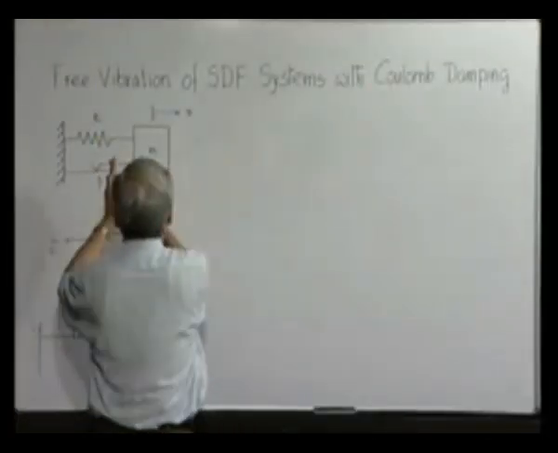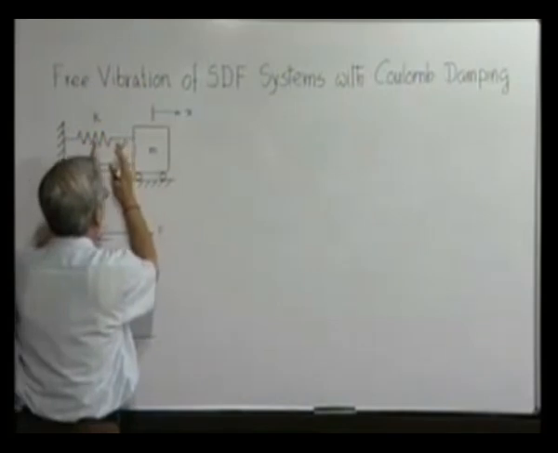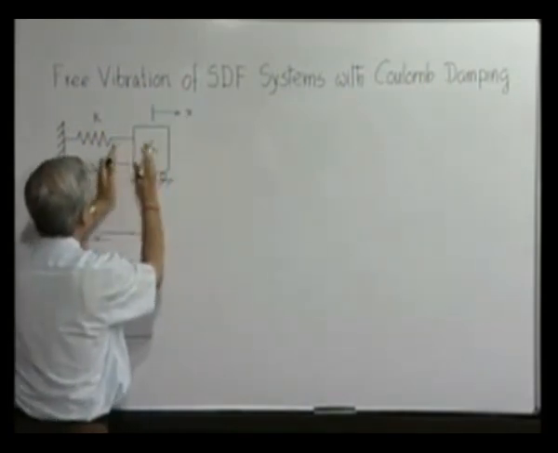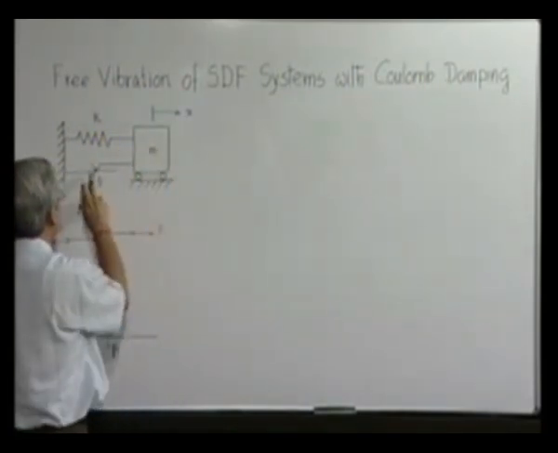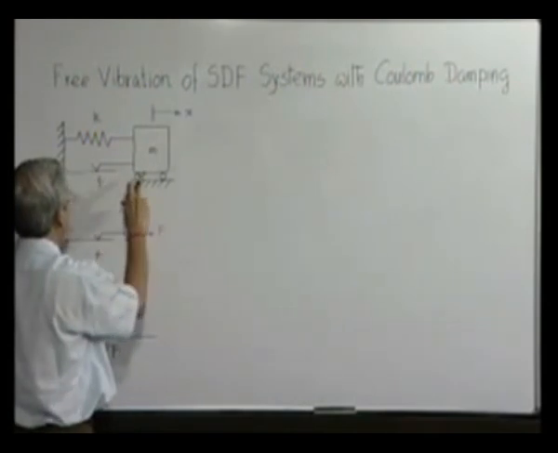Now, for the two cases, when the mass is moving from this side to this side, that means x dot is negative, friction force is acting in this direction on this.